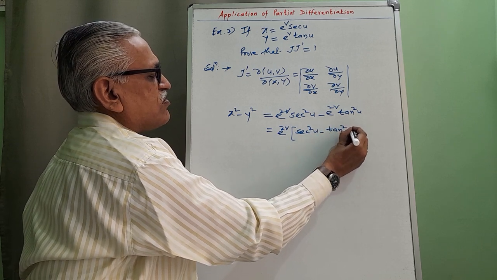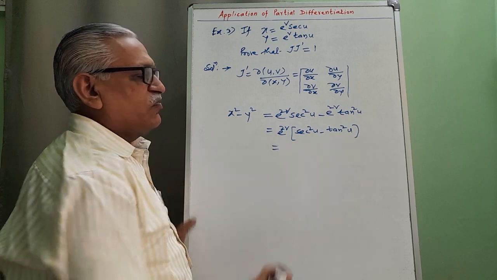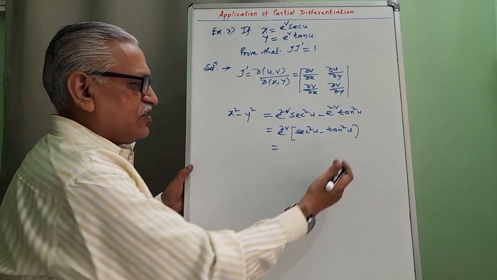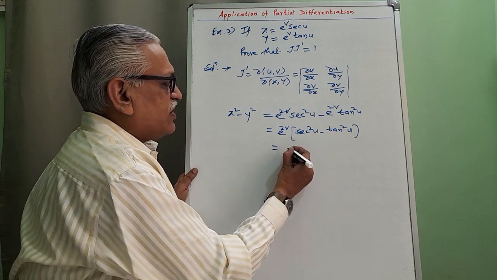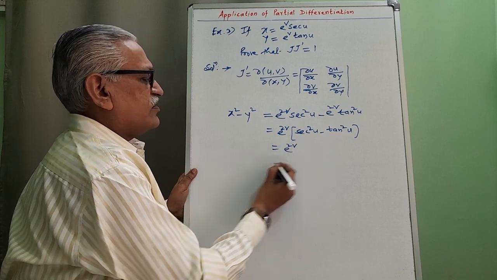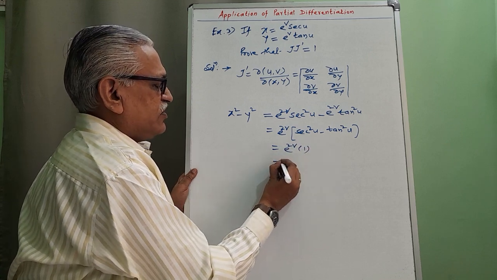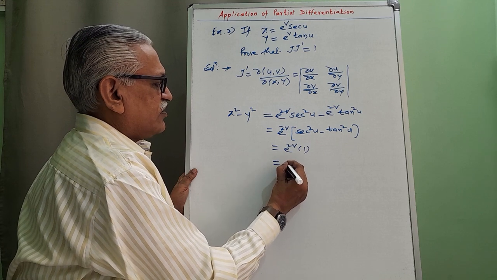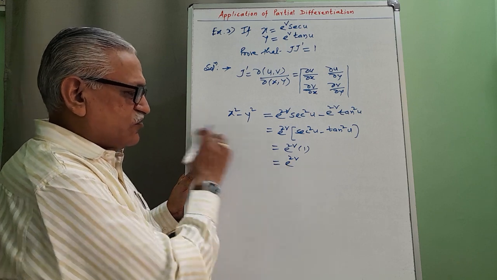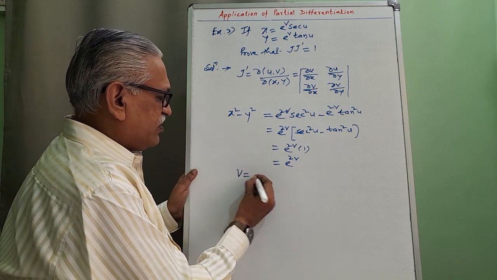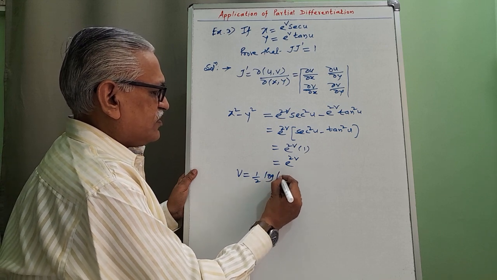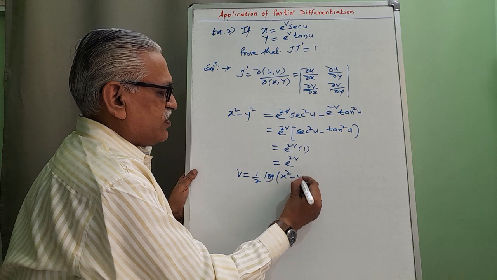We have the result 1 plus tan square is secant square, and therefore secant square minus tan square is 1, and therefore that value is e raised to 2v into 1, which is e raised to 2v. Then transferring this term to the other side, we get v equal to 1 by 2 log of x square minus y square.